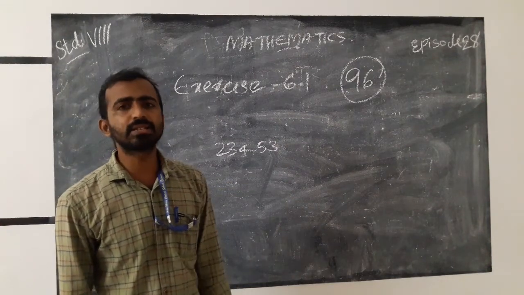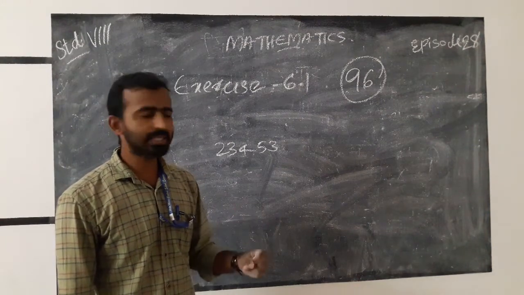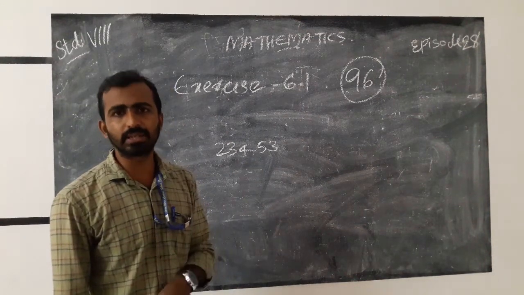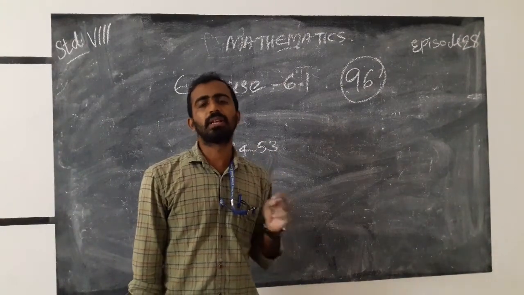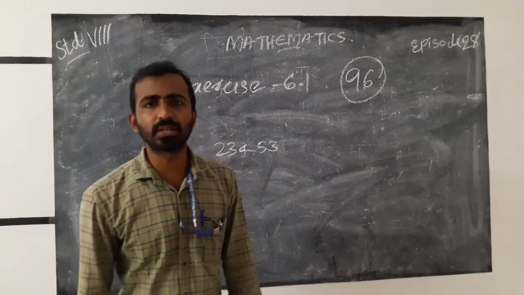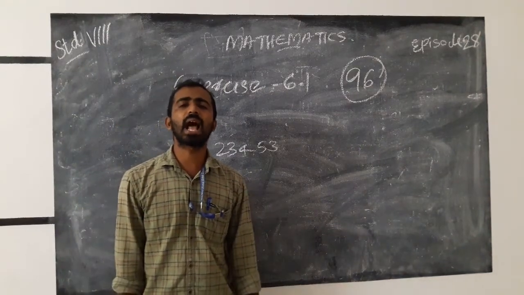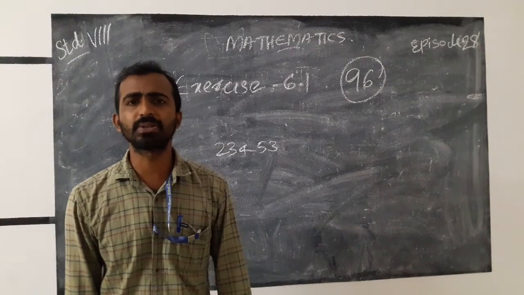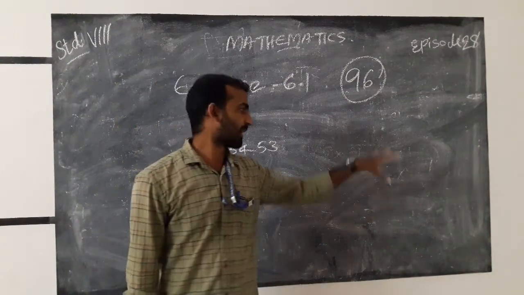So this is not a perfect square. What is the reason? Because this number is ending with 3. If this number were a perfect square, it would end with 0, 1, 4, 5, 6 or 9. So this number is not a perfect square. That is the reason.